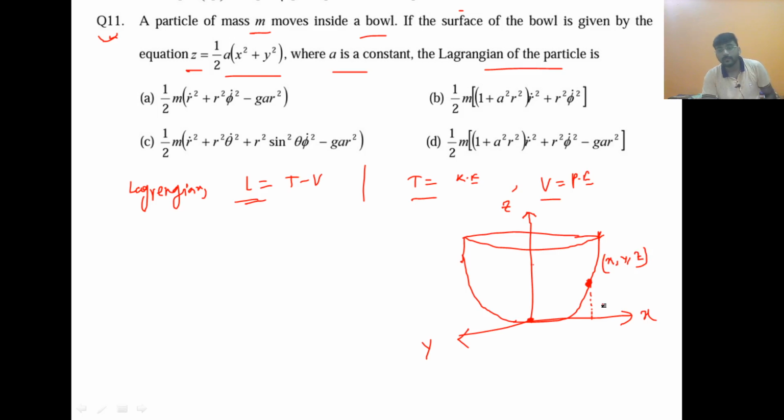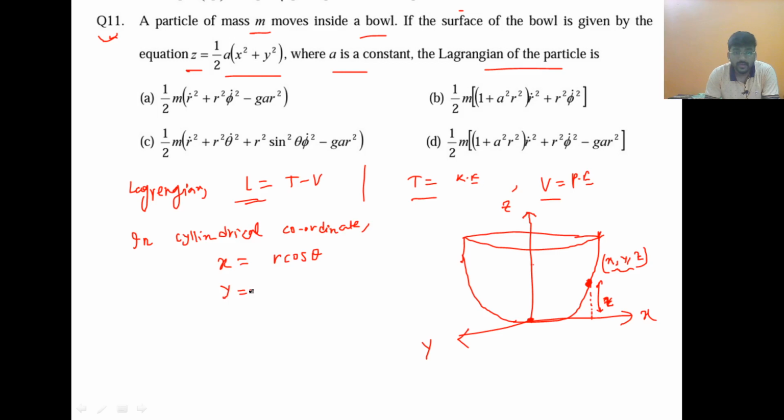So the point is x comma y comma z in Cartesian coordinate system, but as here is a cylindrical symmetry, we can represent it in cylindrical coordinate also. In cylindrical coordinate, we know x is equal to r cos theta, or you can say cos phi also, y is equal to r sin theta, and z is equal to z, but here z is given as half a into x square plus y square.